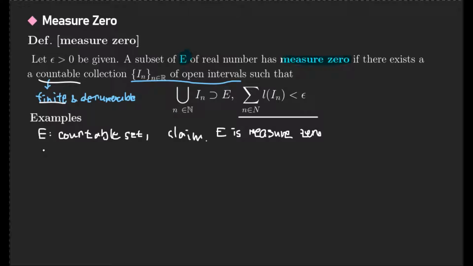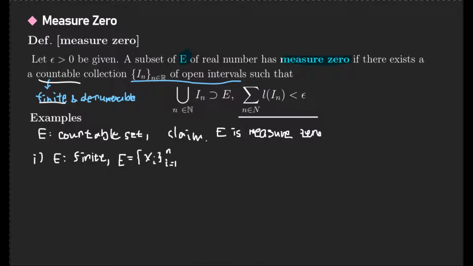To satisfy this claim, in case the set E is finite, we consider E consisting of xi for i from 1 to n.